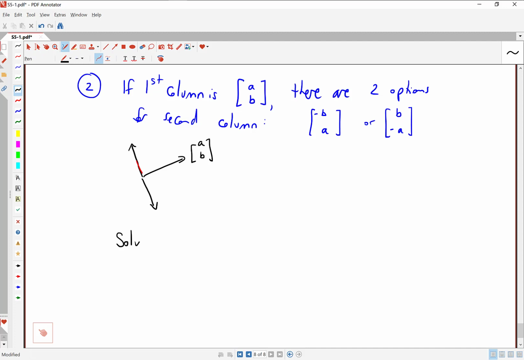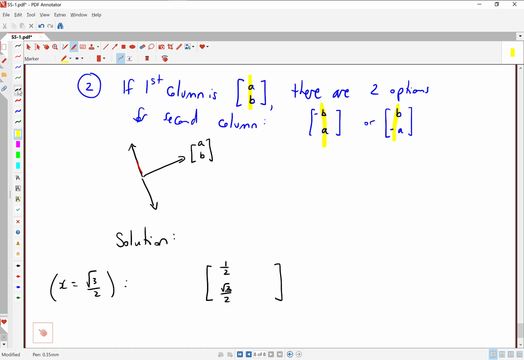So I'll just call this solution, and there are going to be 4 options. The first option happens when x is positive root 3 over 2. So that first column looks like (1/2, root 3 over 2). And we've just said that to get the second column, think about swapping the entries of the first column and just change one of the signs.